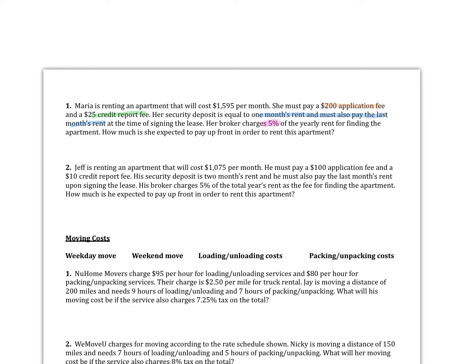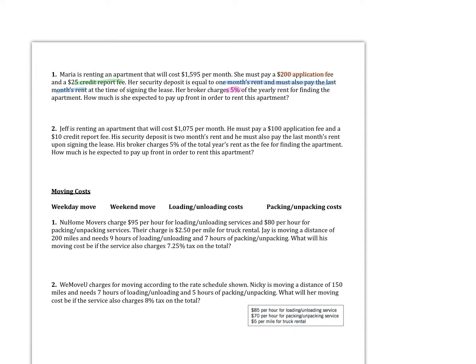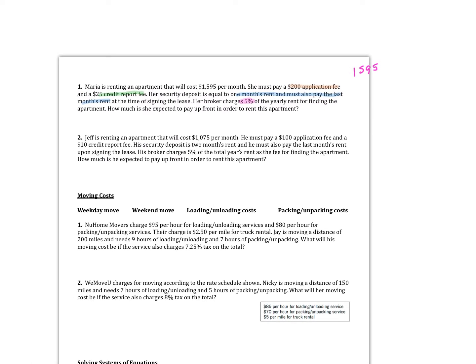So let's do some math here. We know we've got the $15.95, and we're going to have that twice, right? And then what else? We've got the $200 for the application fee, and then the credit report fee of $25.